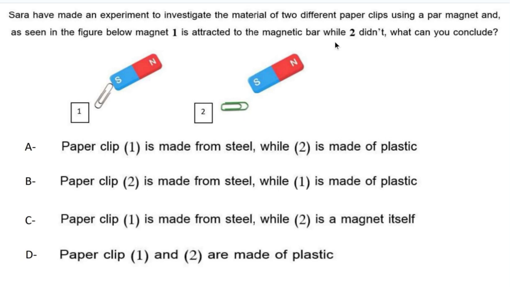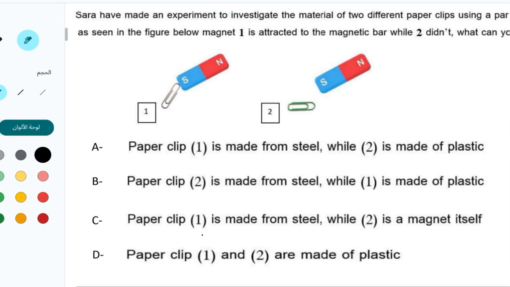So we know that magnets can attract magnetic materials such as steel or other magnets, but will not attract non-magnetic material such as plastic. So paperclip 1 is made from steel. That is possible. While 2 is made of plastic.